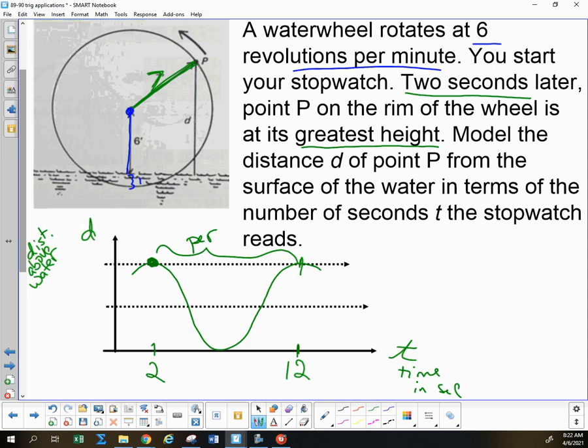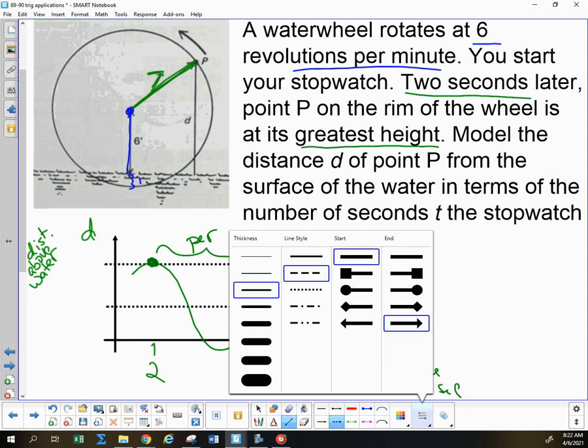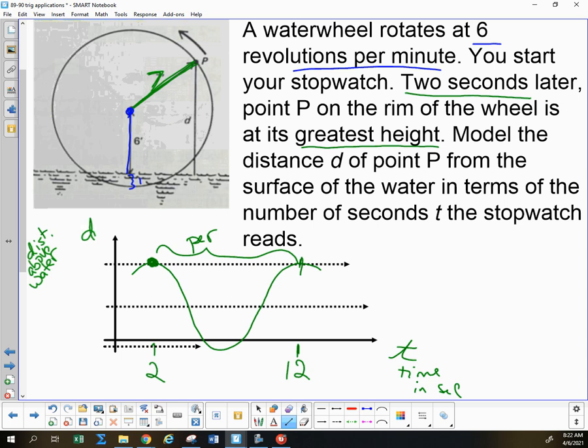So if I want to let the min be, that means my min has to be 1 foot below the surface of the water.